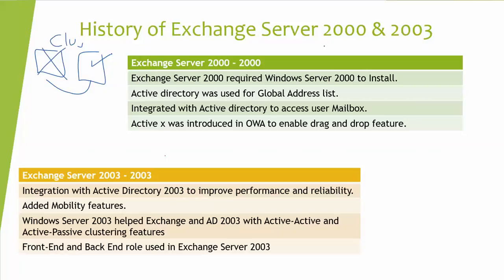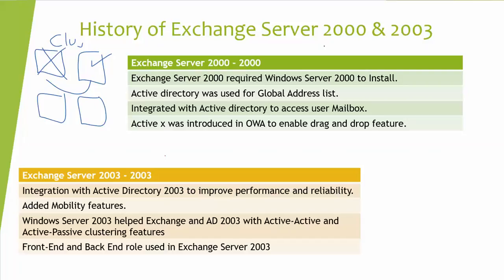What they did with Exchange Server 2000 was remove the limitation of having only two servers in a cluster, and they made it four. So with Exchange Server 2000, you were able to cluster four servers, which was really good.